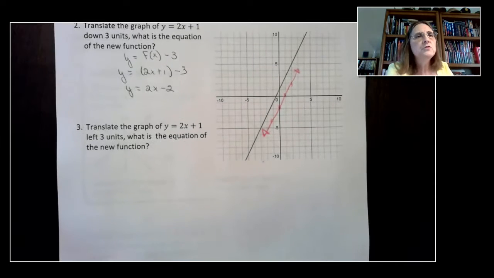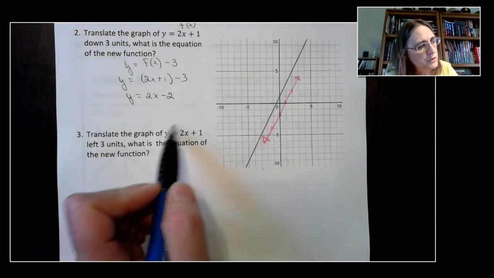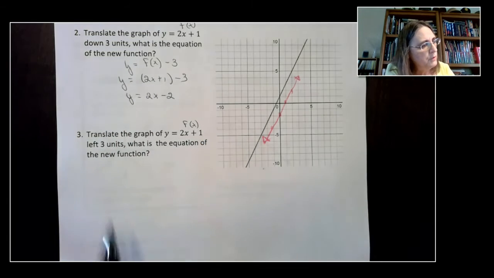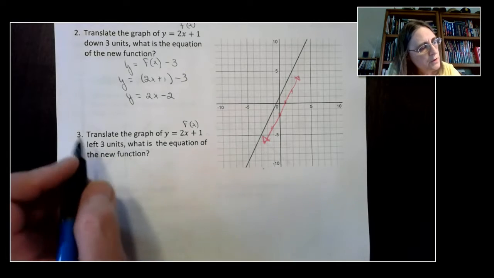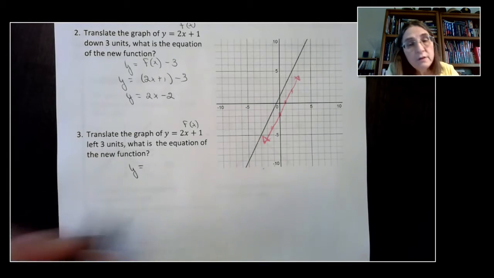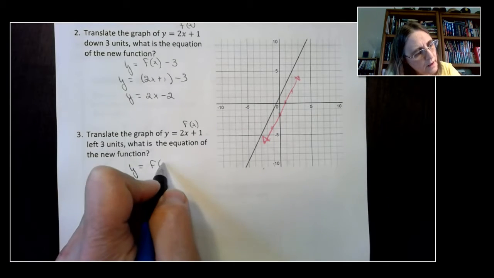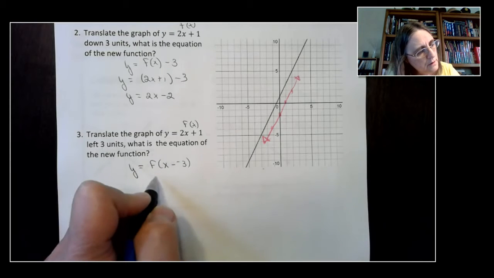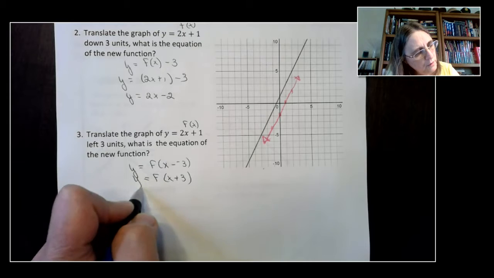So our physical translation and our equation match. Now let's do another translation. This time let's do a translation of the same graph, y equals 2x plus 1, and we want to move it left 3 units. So our equation for a translation left 3 units is going to be f of x minus negative 3, or f of x plus 3, in the more familiar form.